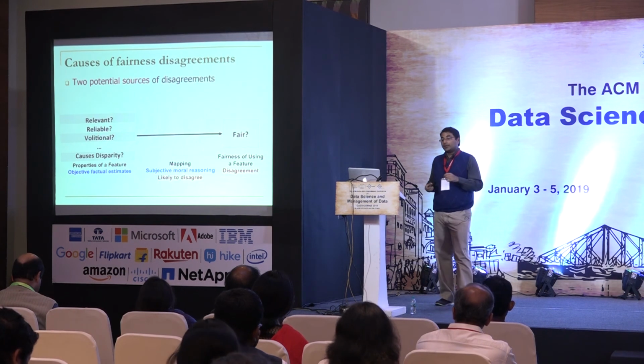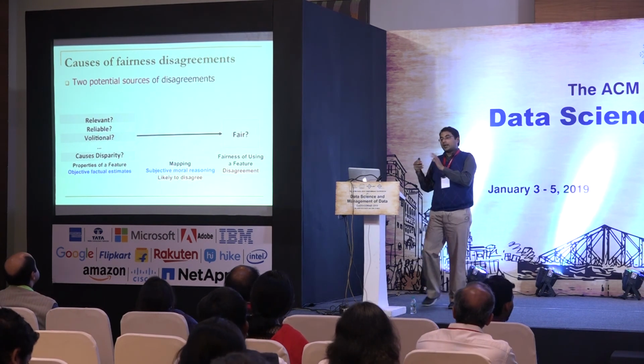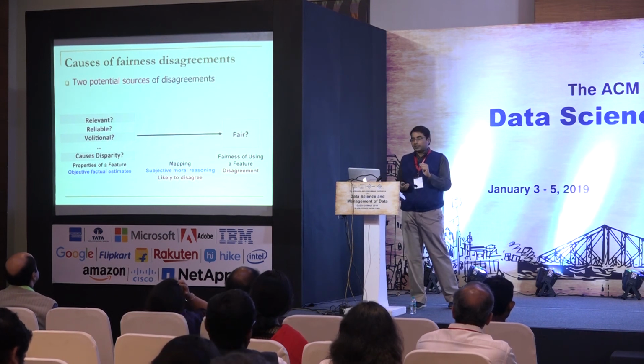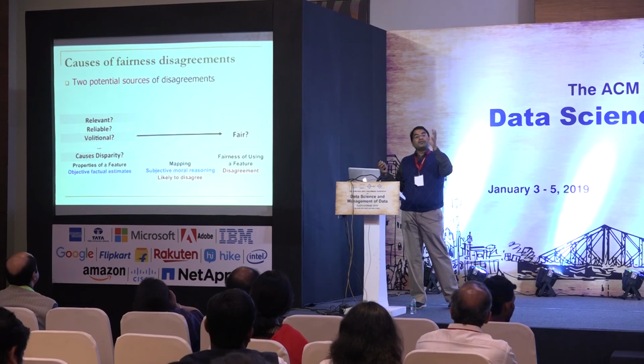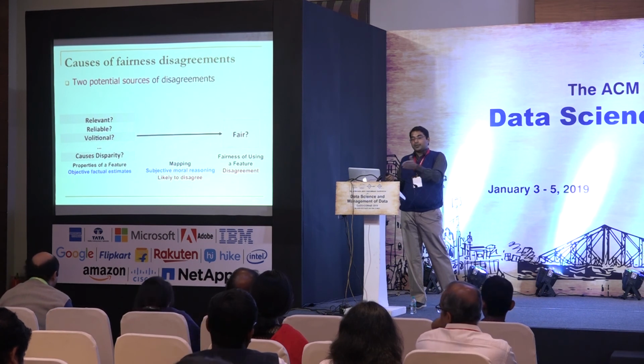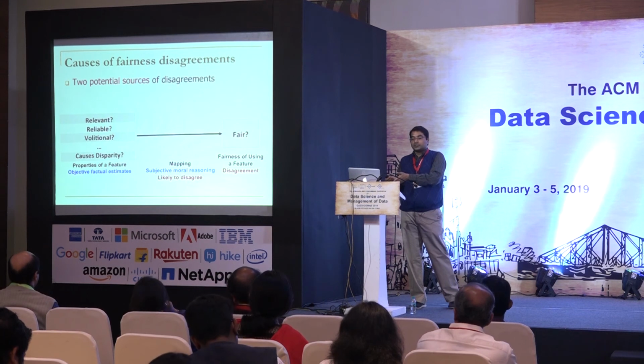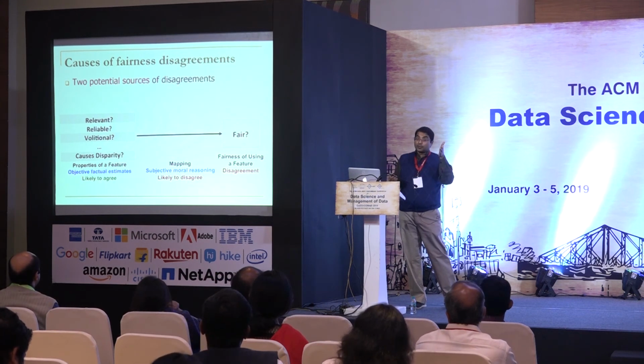In fact, originally we thought most of the disagreement might come not because people disagree about the causal relationships, because we thought that's got to be objective, but because people might be putting different weights on the different properties, and therefore the mapping might be the subjective moral reasoning, and more likely to cause disagreement than the assessment of the properties themselves.